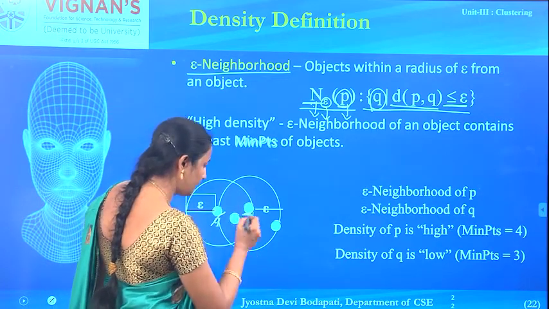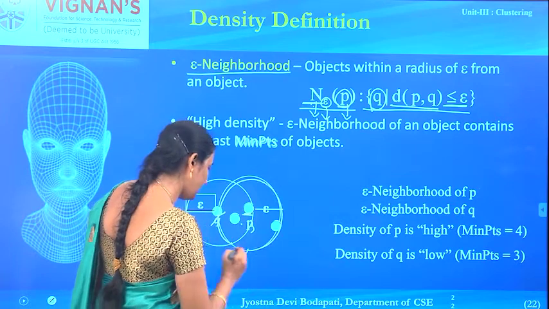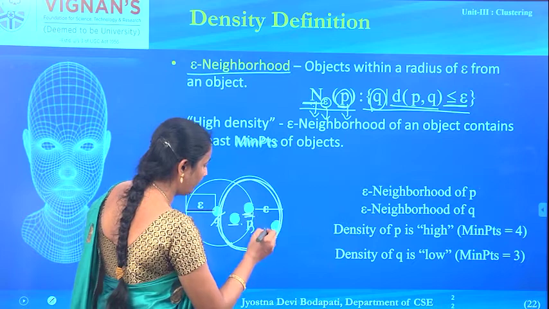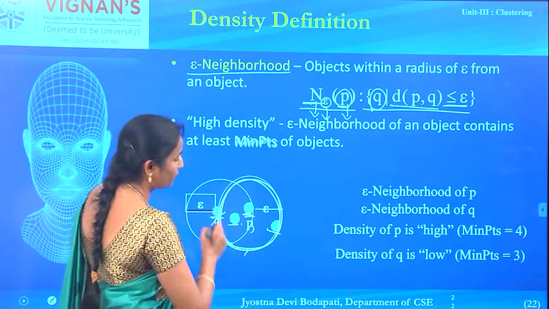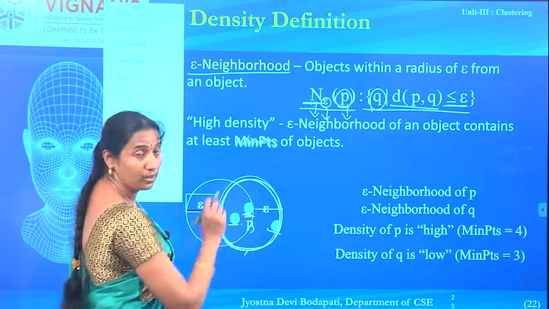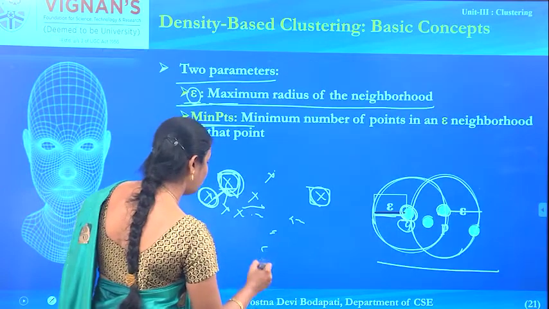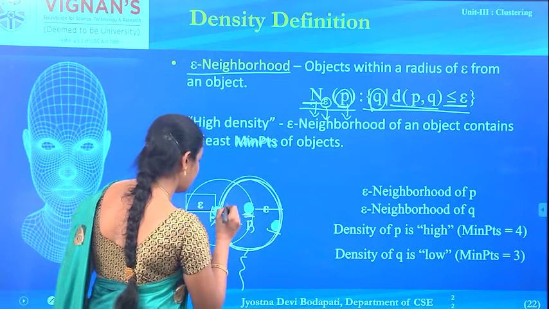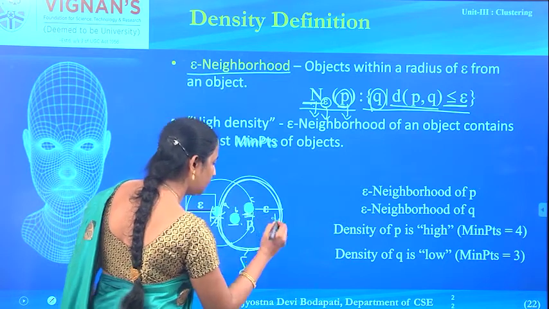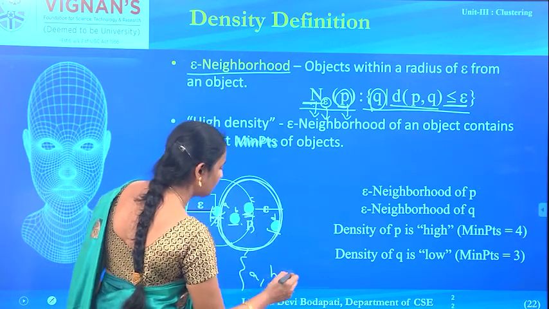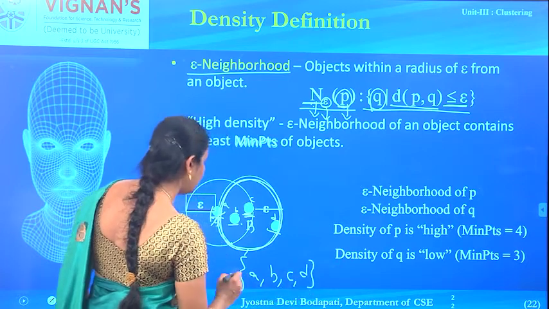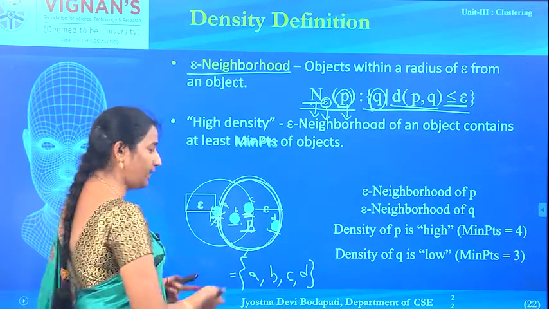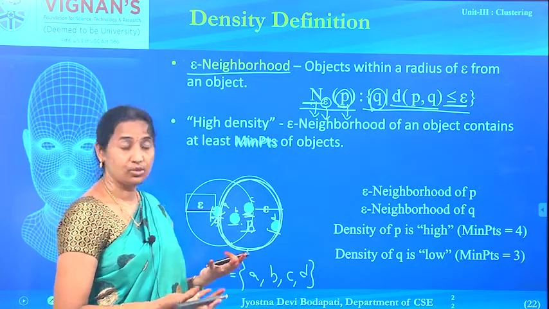Say for example, here if you consider P, and this is the epsilon radius, in that case this element, this element, this element, this element, all these four elements form the epsilon neighborhood. If you write this as A, B, C, D, maybe I can write it as a set of elements, A, B, C, D. So this is the epsilon neighborhood for P. And if you change the epsilon value, then of course the set of nearest neighborhoods changes.